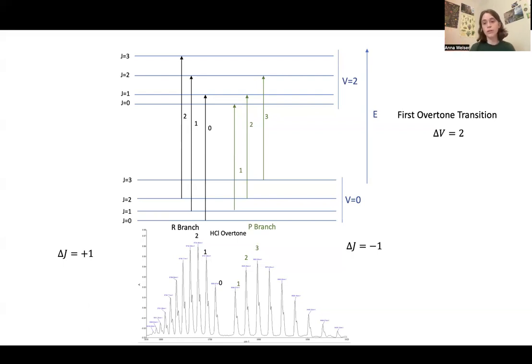And if there were additional overtone transitions, they would keep going to later states. We can also see here it has the same nonlinearity that we mentioned, and it's easy to see that as the J value increases in the P branch, our energy gaps are getting farther apart, and as J value increases in the R branch, they're getting closer together.